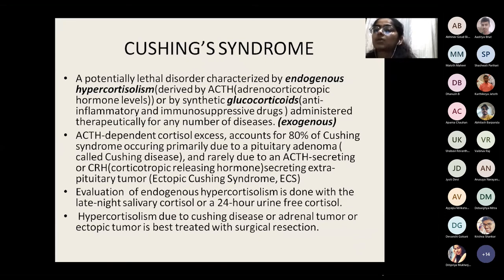The evaluation of endogenous hypercortisolism is done with late night salivary cortisol or a 24-hour urine free cortisol test. The hypercortisolism due to Cushing disease or adrenal tumors or ectopic tumors, that is in case of the tumors, is best treated through surgical resection.